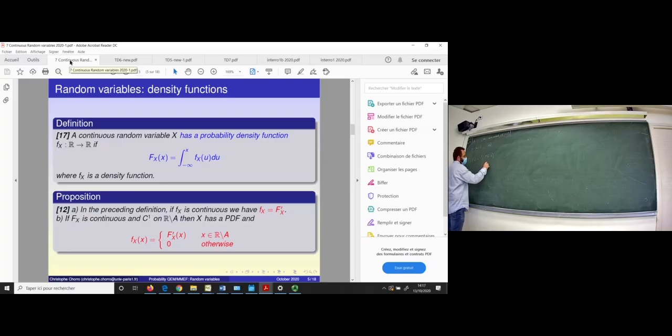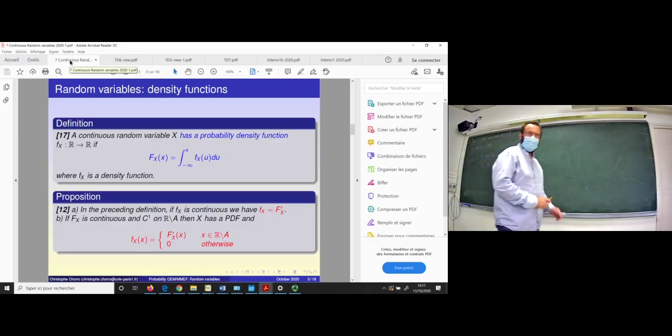It's 1 minus the probability that y is strictly greater than x. Okay? And now I am happy because minimum strictly greater than x means they are all strictly greater than x, something that is equivalent. The minimum strictly greater than a number means that they are all strictly greater than this number.